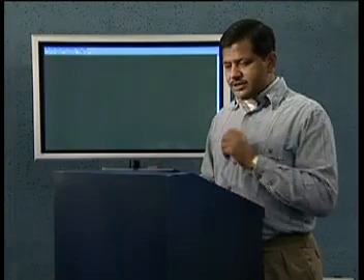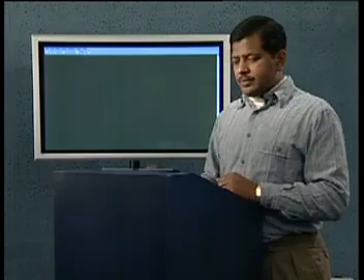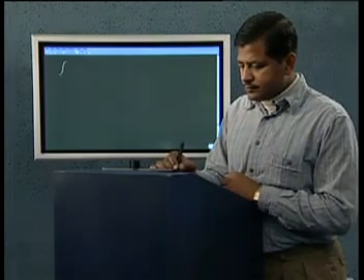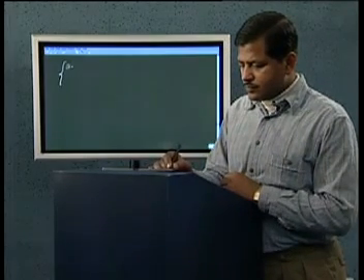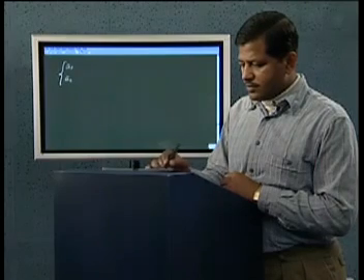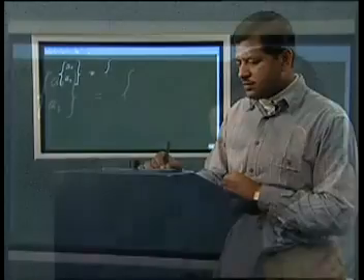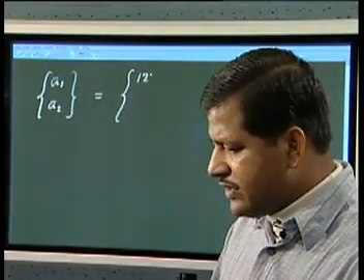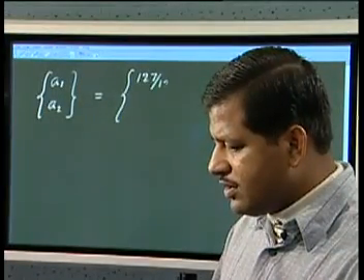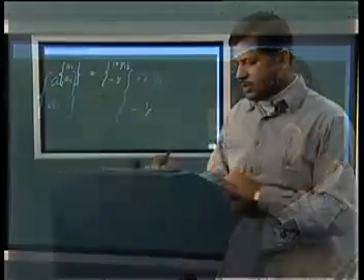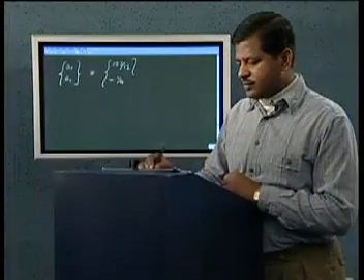When we solve this, we will end up getting A1, A2 equal to 127 by 12 and minus 1 by 4.